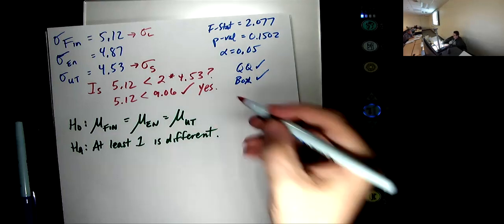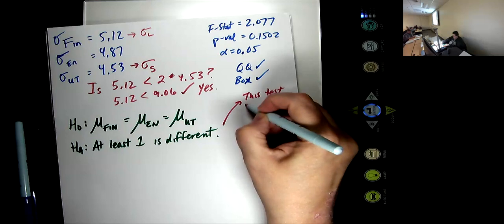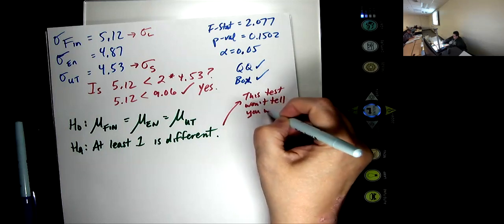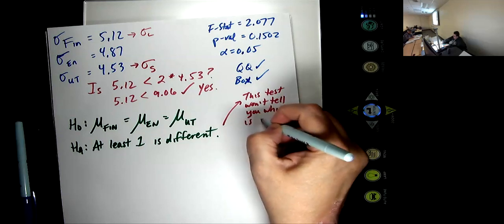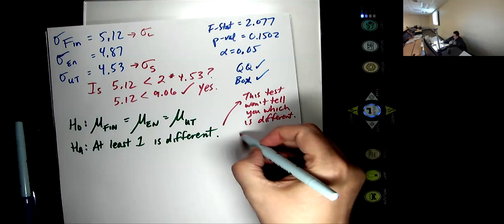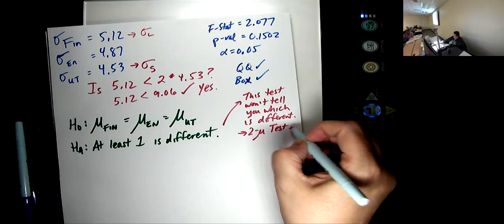It's worth noting, this test won't tell you which one is different. After that, if you really want to know, you could do a bunch of two mean tests to figure it out.